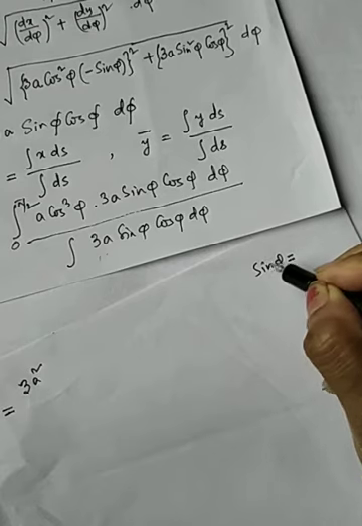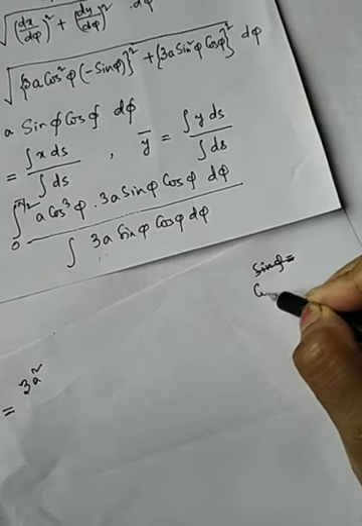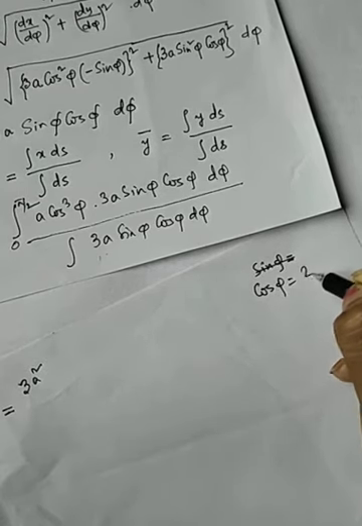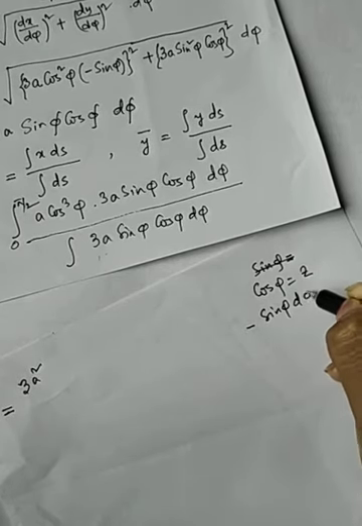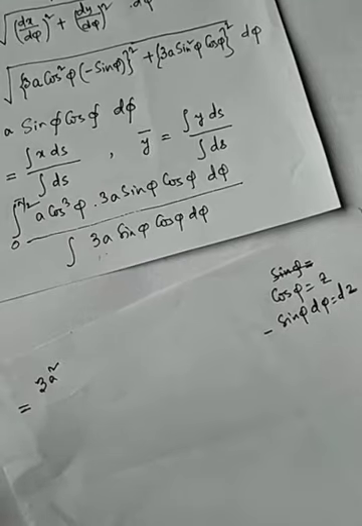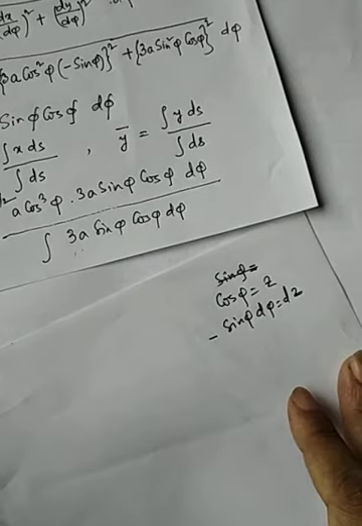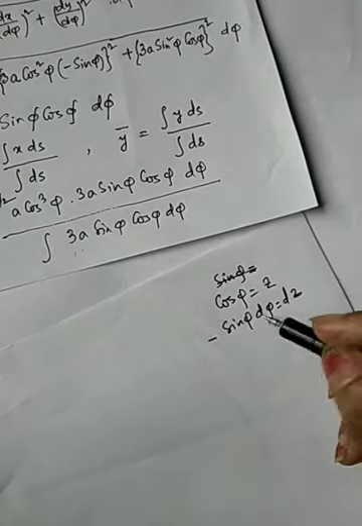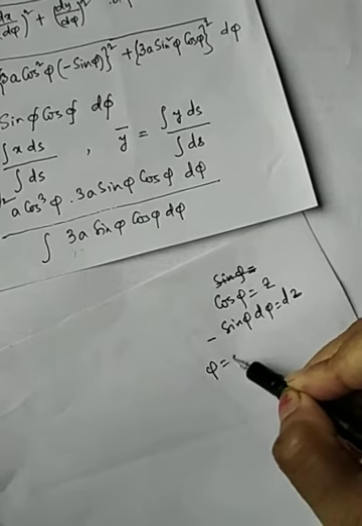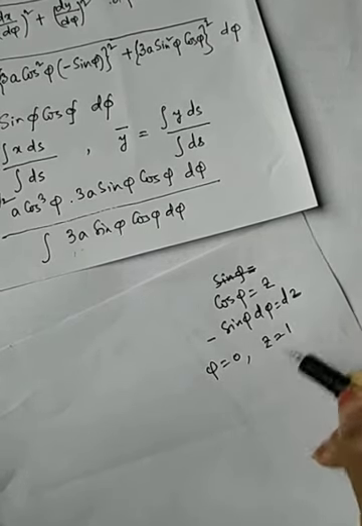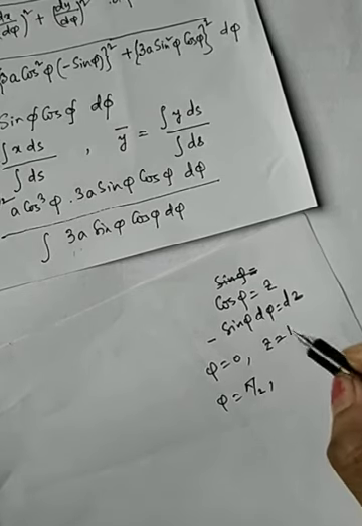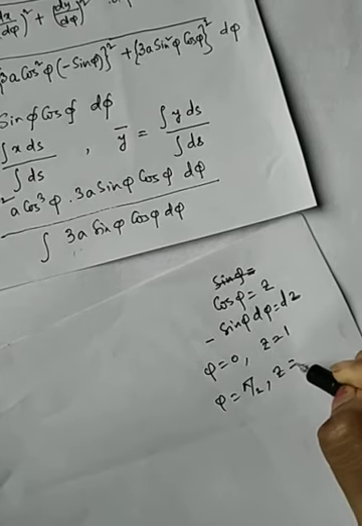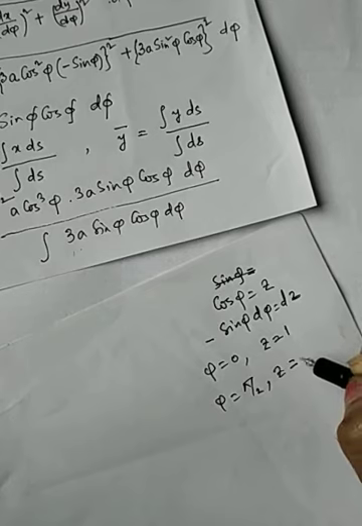Let us take cos phi, that will be better. Cos phi as z, then minus sin phi d phi is dz. Okay, so when phi is 0, then z is 1. When phi is pi by 2, then z is 0.